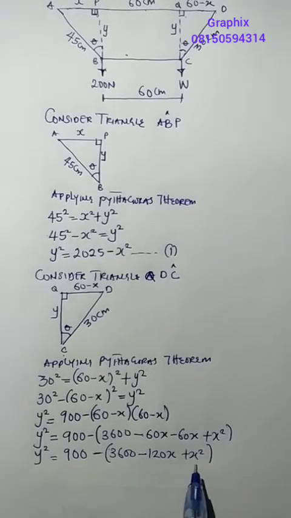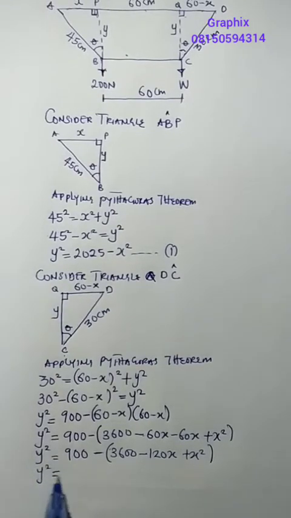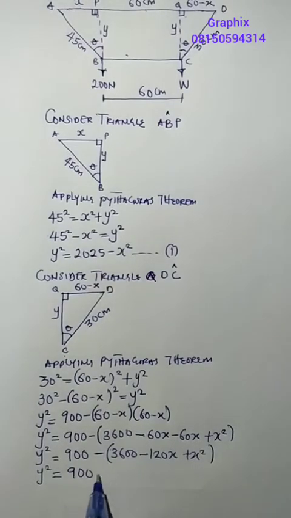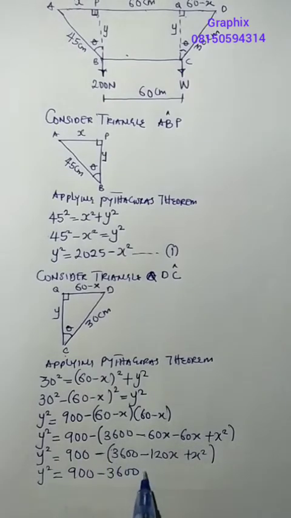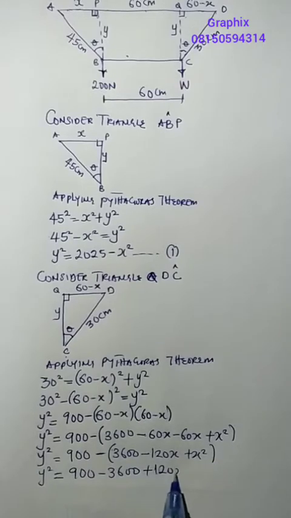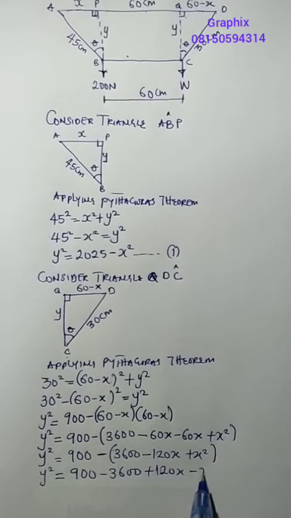Right? So from here my y squared will be equals to 900, open the bracket, we have minus 3600, minus and minus will give you plus 120x, minus and plus will give you minus x squared.